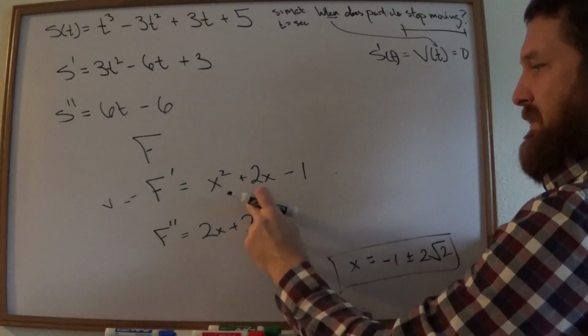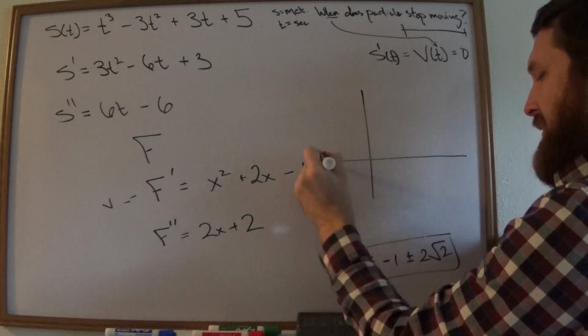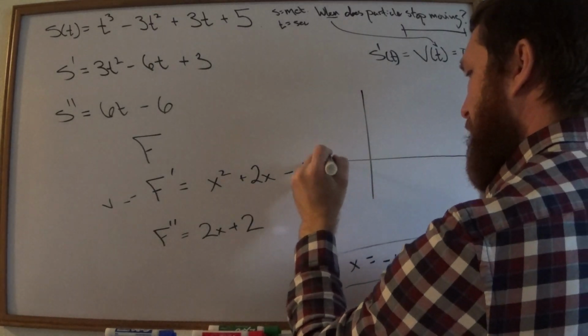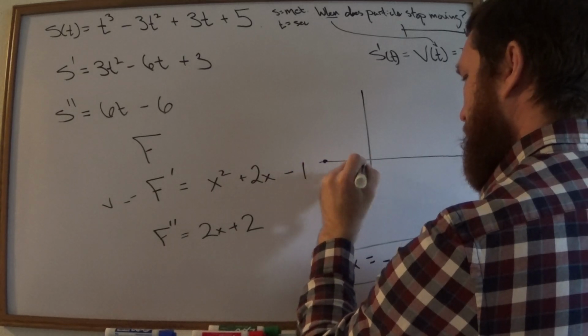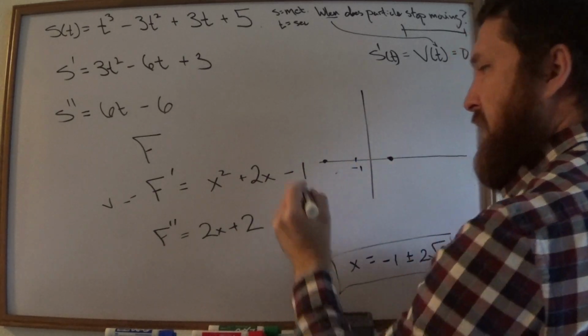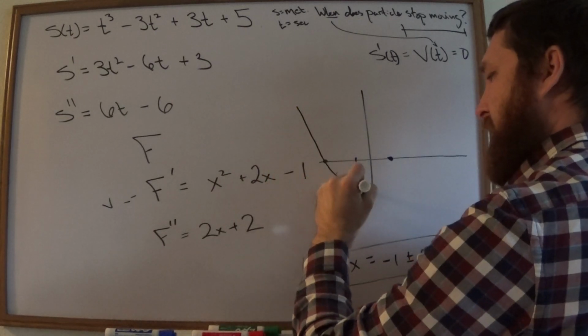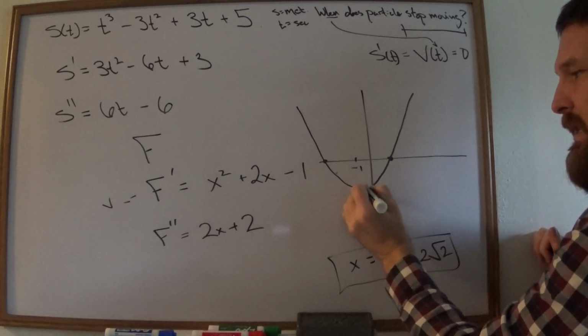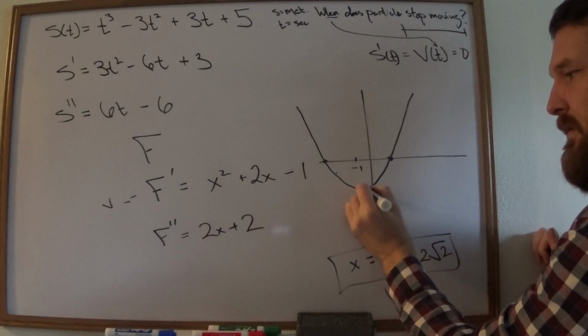So we have this thing. What does it look like? Well, -1, and you go 2 and -2. So here's -1 and here's that. This thing is an upward facing parabola like this. And it has a 0 here at -1.